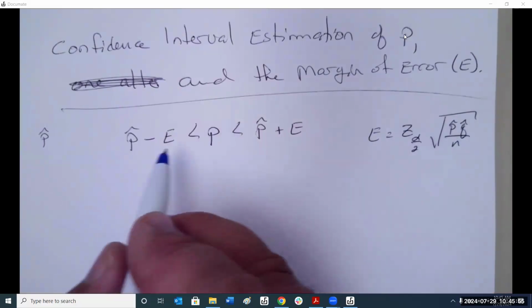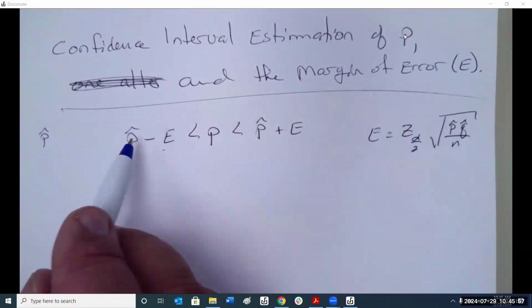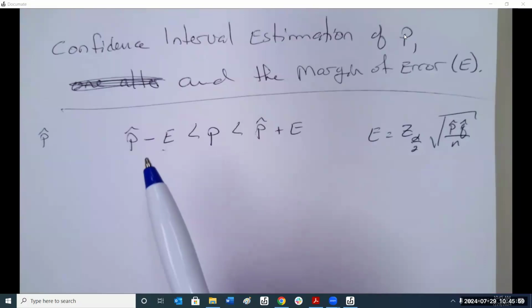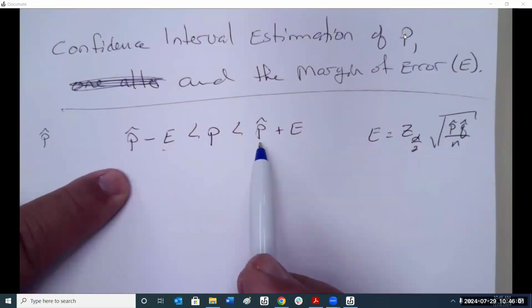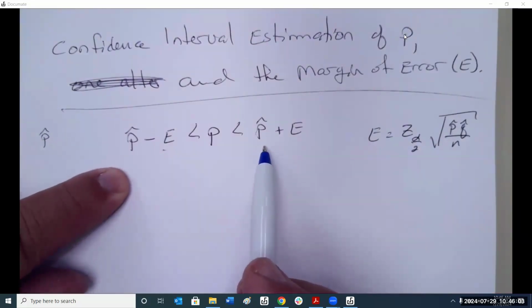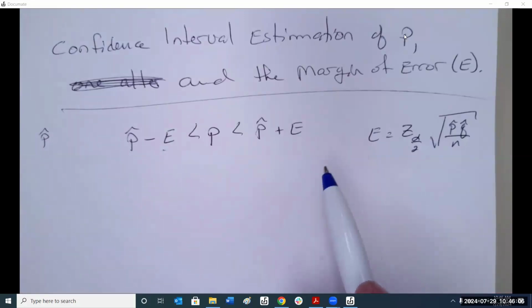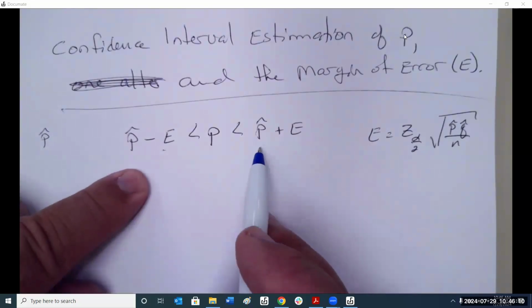This is the formula used for this value. We do our calculations and come up with our sample proportion, like we did earlier in the beginning with the number of students taking online courses.